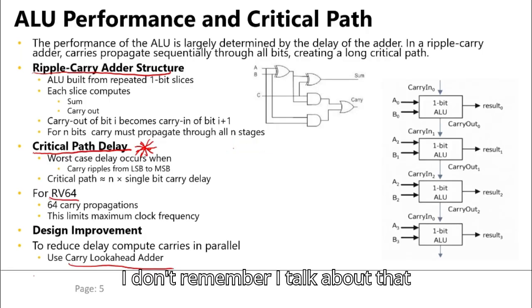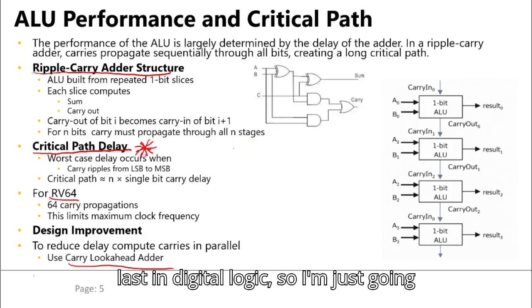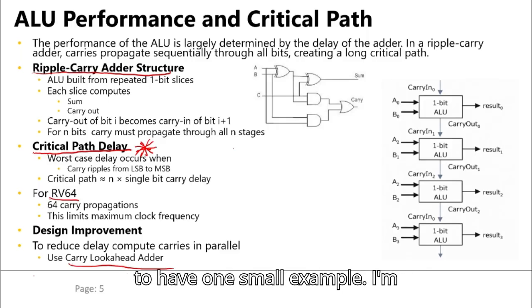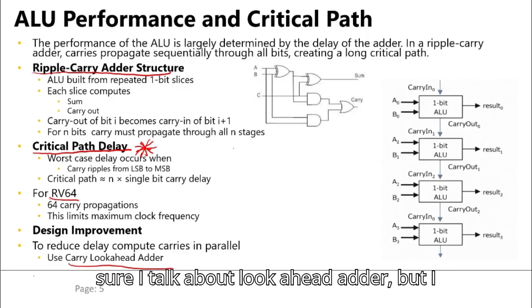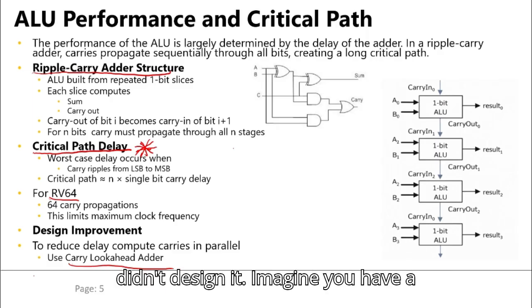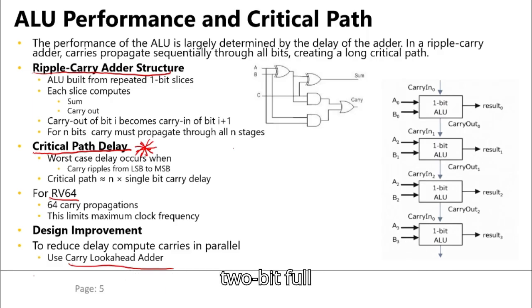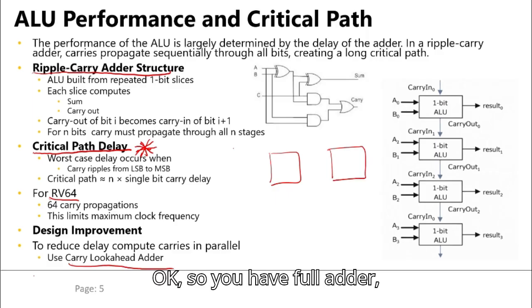I don't remember if I talked about that in digital logic. I'm sure I talked about the look ahead adder, but I didn't design it. Imagine you have a 2-bit full adder here.